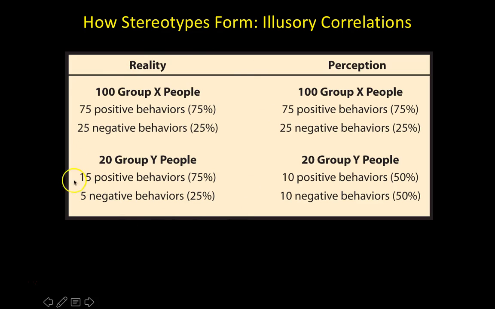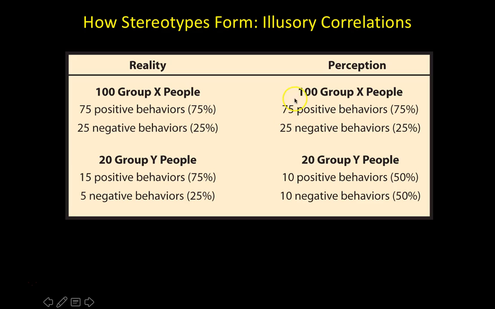But after they learn all about the citizens of this community, the group X and the group Y people, they are then asked to rate those people and to estimate how frequently they behaved either positively or negatively. What you tend to find is that for the group X people, the majority group, they're pretty accurate. This is idealized data, but this is the way the differences went.